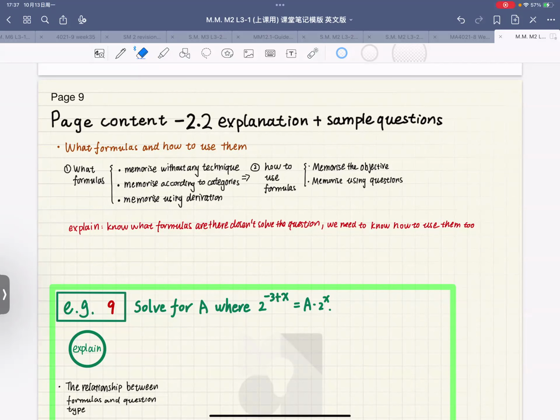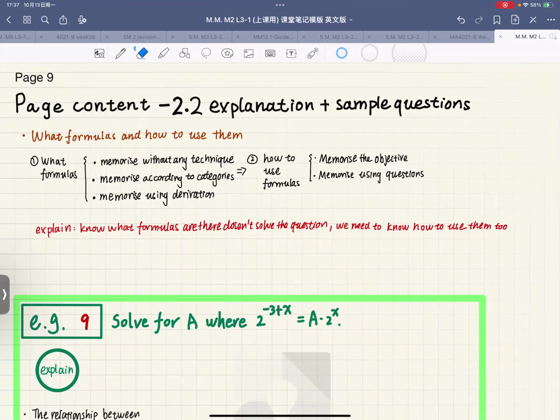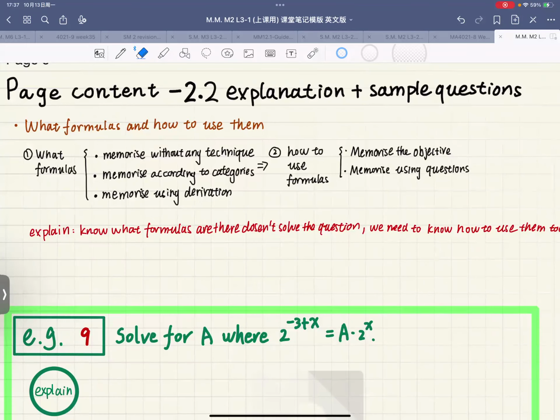Right, let's move on. So for the formulas, basically, or unfortunately, some formula we can use some technique to memorize, especially when we move to module 3 circular function about sine or cosine.